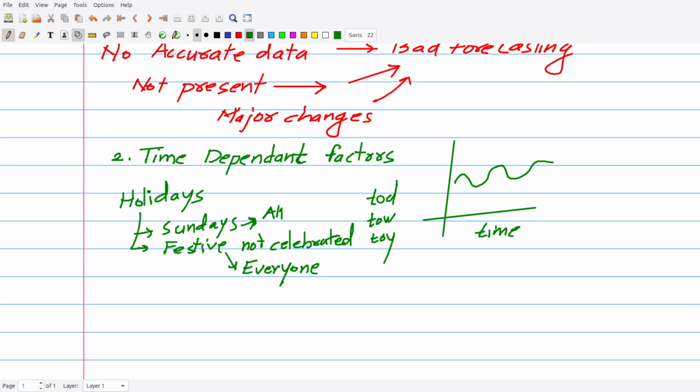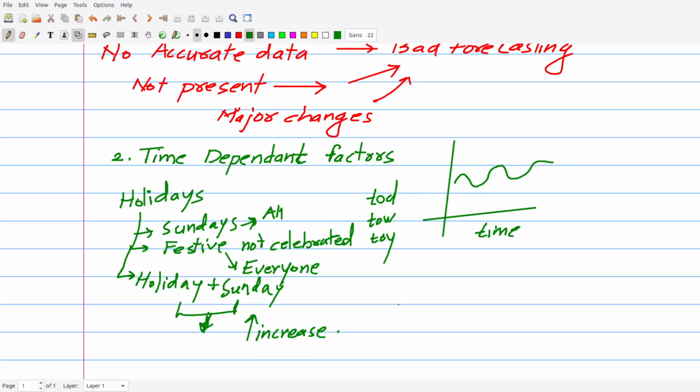Some of the Sundays they will celebrate, or sometimes you get a holiday plus a Sunday. So on any one of those days you celebrate most of the time, correct? Or you go out, or you watch TV, or you call your friends and celebrate. Because of that, the load demand suddenly increases, but it is highly unpredictable. You cannot predict that. So load demand is different on these days compared to other days.